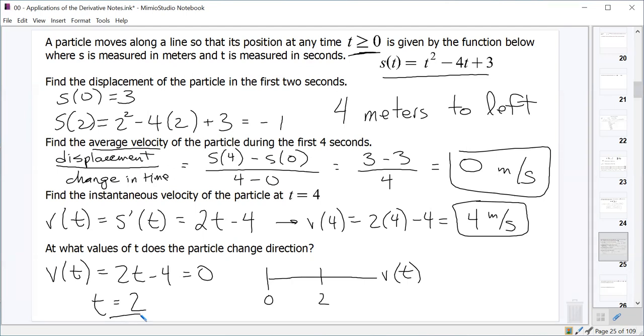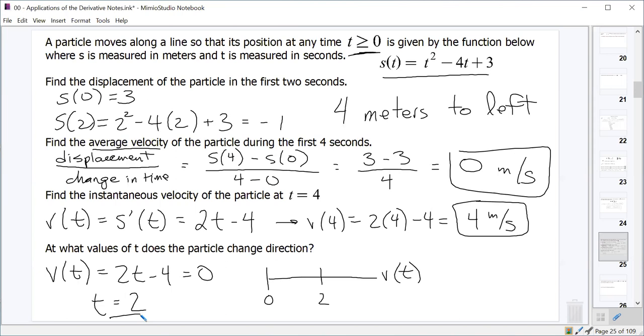And we know that during the interval from 0 to 2 seconds, this particle could not have changed directions. So it was either always moving to the right or it was always moving to the left. Therefore, we can pick any value between 0 and 2 and see if the particle is moving to the left or to the right at that time. And we can then expand that out to say it must have been moving that direction for the entire interval from 0 to 2.